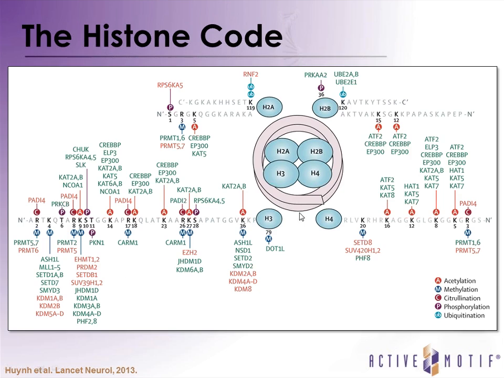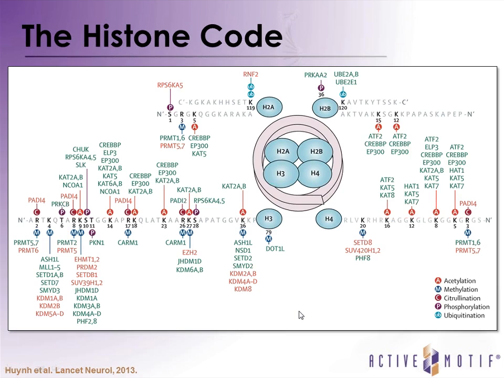Histones are small basic proteins that have unstructured amino terminal tails that are extensively modified by post-translational modifications. The modifications include phosphorylation of serine, threonine, and tyrosine residues, methylation of arginines and lysines, acetylation of lysines, and ubiquitylation of lysines. There are additional modifications that aren't on this slide, but to include all of these would just take too long.